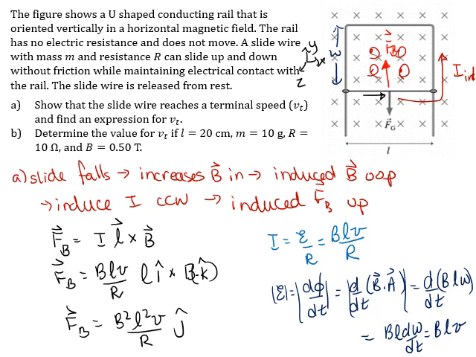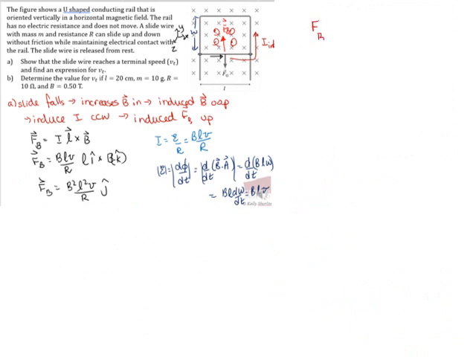Now we'll go on and find the expression for that terminal velocity. So we see that our magnetic force has a magnitude that's proportional to the speed. That tells us that the magnetic force is going to have a maximum value that'll be achieved when the magnetic force is equal to the gravitational force.